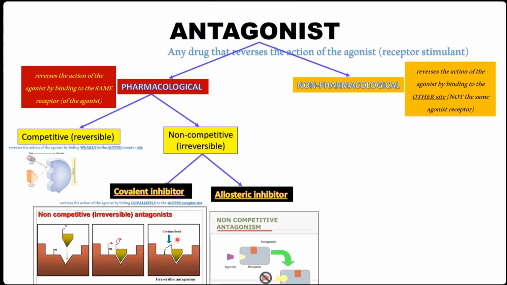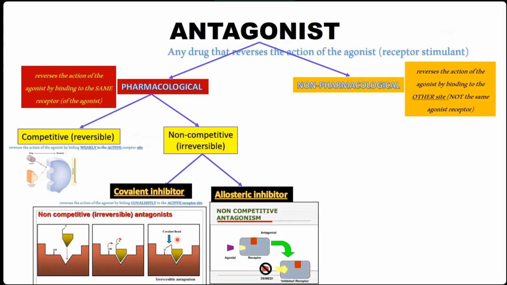The allosteric is another type of irreversible antagonist in which the antagonist binds to a distant binding site on the same receptor. So we are still on the same receptor, but not the active binding site of the receptor, to which the agonist binds in a three-dimensional conformational fitting.